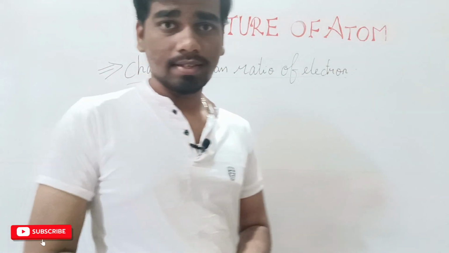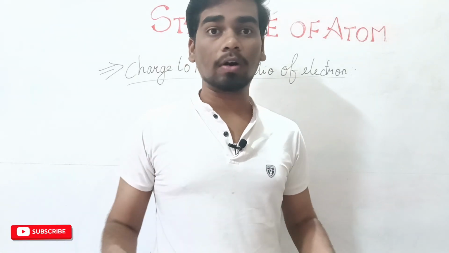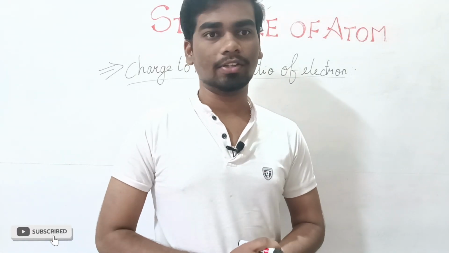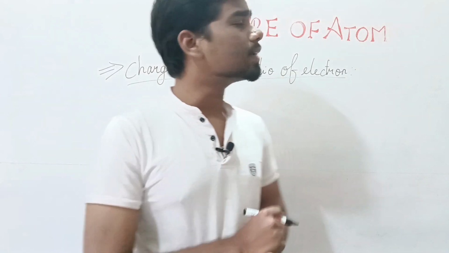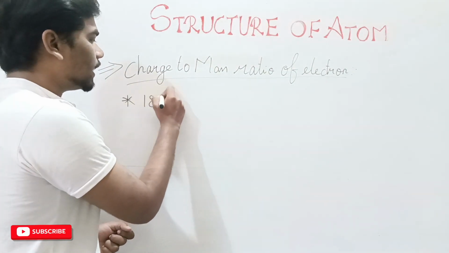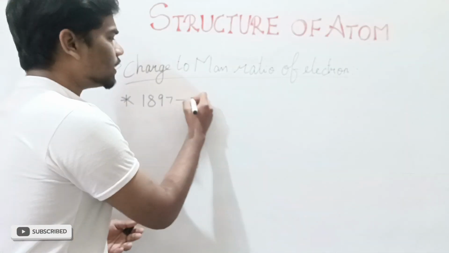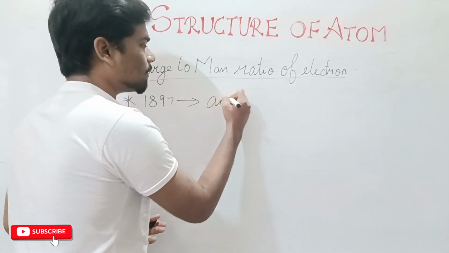My dear friends, in the last lecture itself, I told you that electron is discovered by J.J. Thomson. He discovered electron in the year 1897. In that same year, he did another experiment. I'm writing it here.